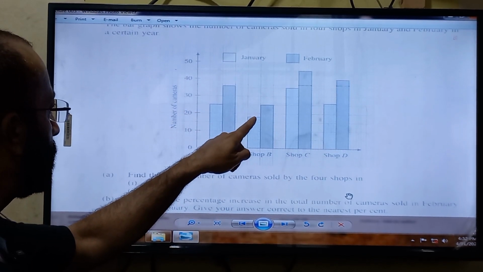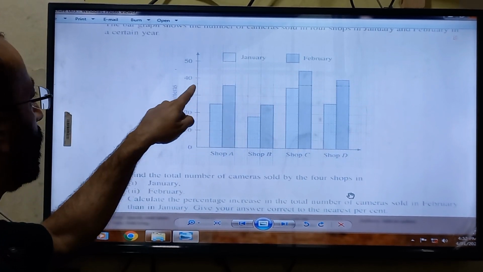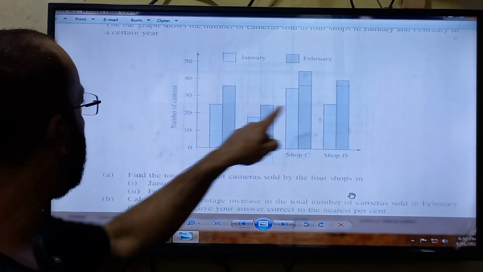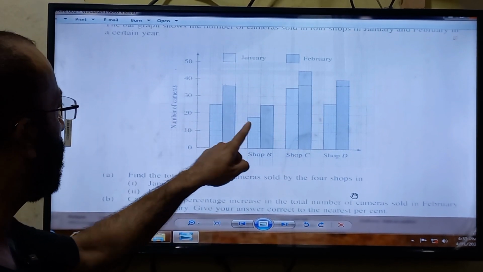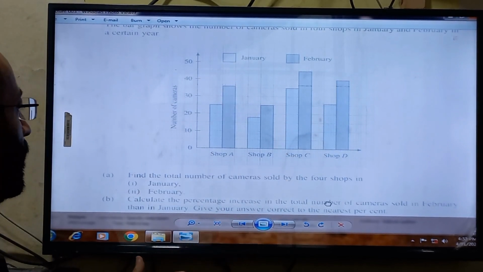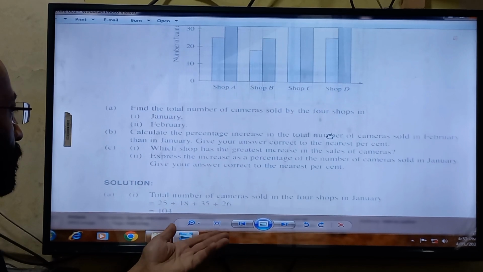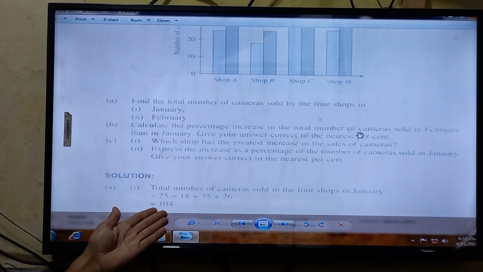Then this is 18, and 35, and from here we counted 26. So 25 plus 18 plus 35 plus 26 will be added and solved on the calculator. Look here. So the answer is 104.